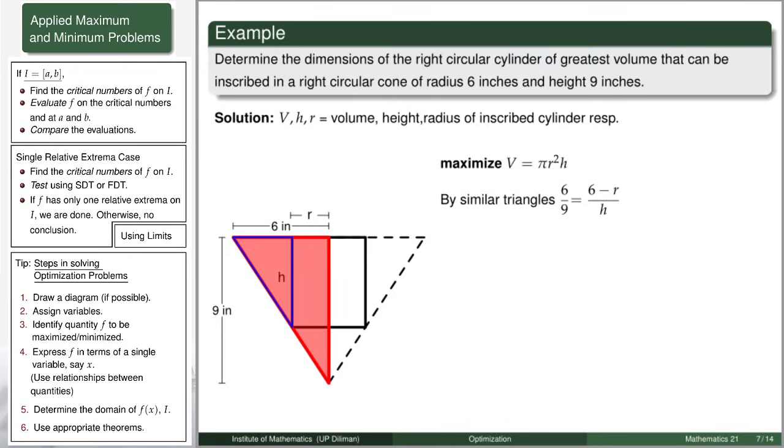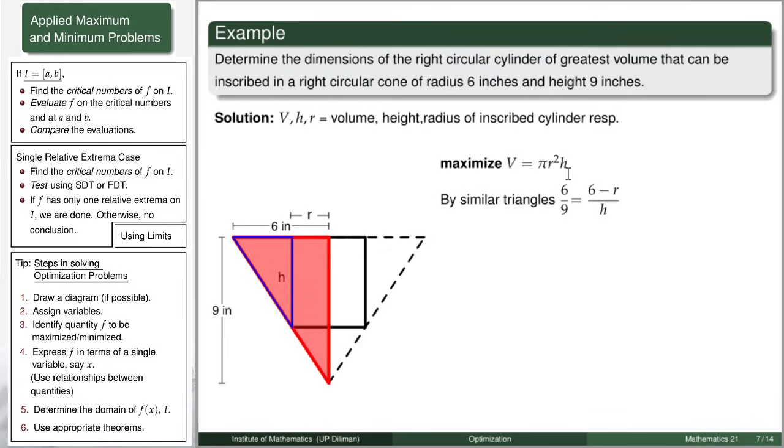Now the next question is, do I solve for h or do I solve for r? If you think that it doesn't matter, then I will of course beg to differ. Clearly, if I solve for r, then when I substitute that quantity here, I will be forced to square it.